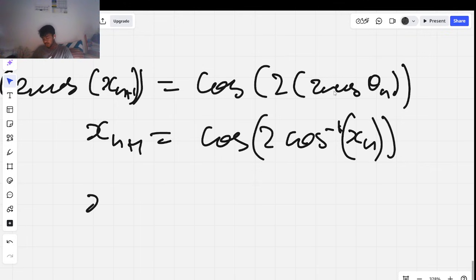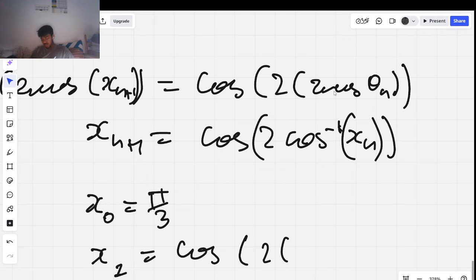So that might actually be enough, because if x_0 is equal to, let's say, pi by 3, then x_1 is equal to cos 2 over 3, which doesn't make sense.